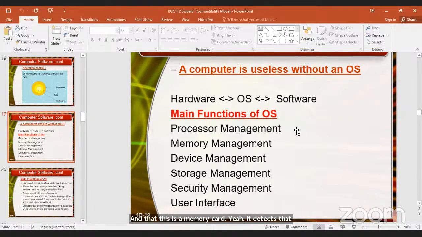It detects that this is a mouse. It helps a lot when it comes to device management. So a computer detects that this is a keyboard, it does not detect that that's a printer. Okay, so those are some of the points when it comes to device management.